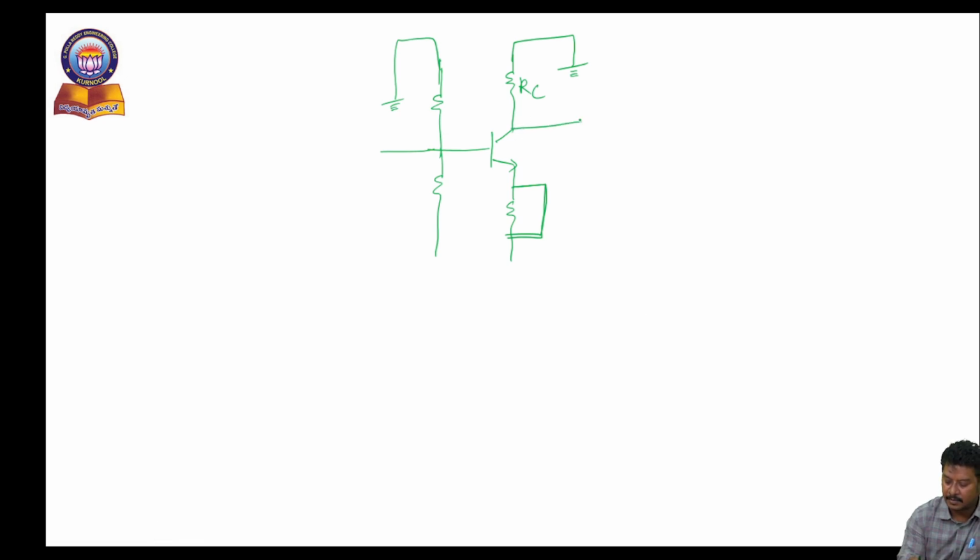The output is short circuited because of the coupling capacitors C1 and C2, these two are short circuited. In the output side, which is grounded, that is RL. This is the input signal I am applying. This is grounded. This is R1, R2, and this is RE.